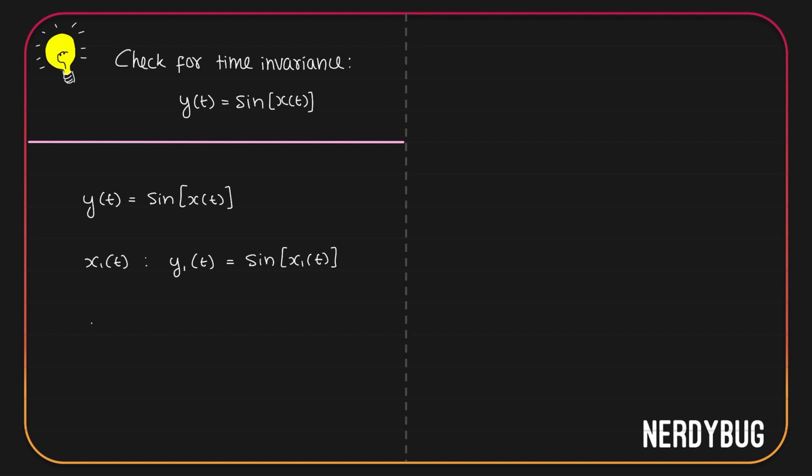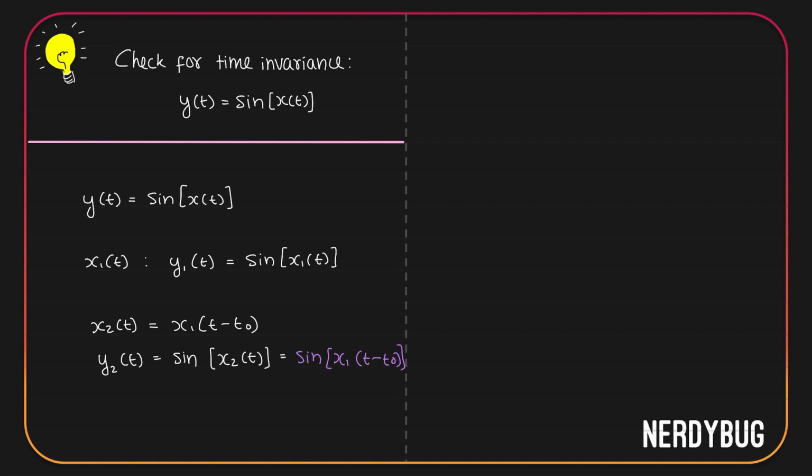Now we'll take another input x2 of t, but x2 of t is a time shifted version of x1 of t. That is, x2 of t is x1 of t minus t naught. If you give x2 of t, you will get y2 of t, which will be equal to sine of x2 of t. But x2 of t is x1 of t minus t naught. So I'll just write this as sine of x1 of t minus t naught.